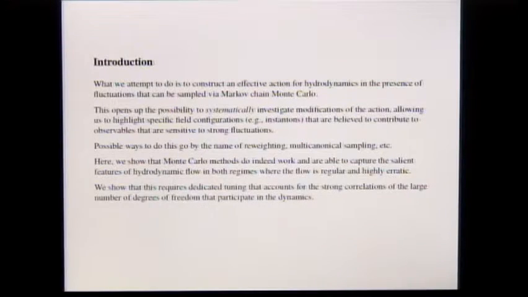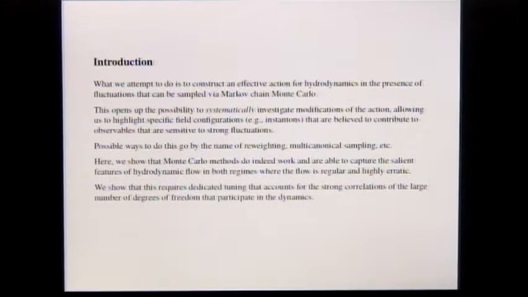Let me give you a small introduction to what I'll be talking about. What we attempt to construct here is an effective action for hydrodynamics, stochastic hydrodynamics to be precise, in the presence of fluctuations. And we want to sample this effective field theory in terms of a Markov chain Monte Carlo algorithm.